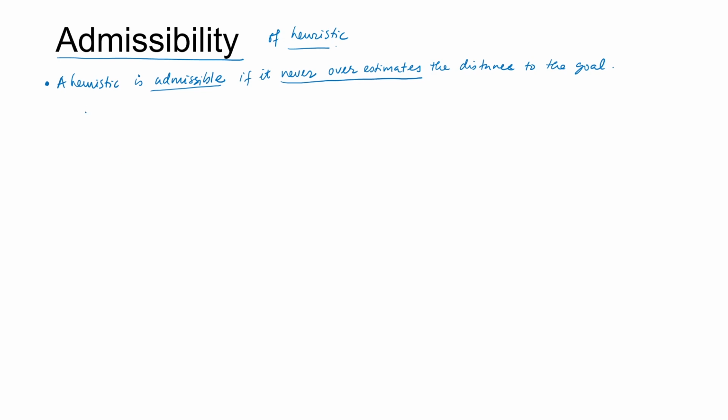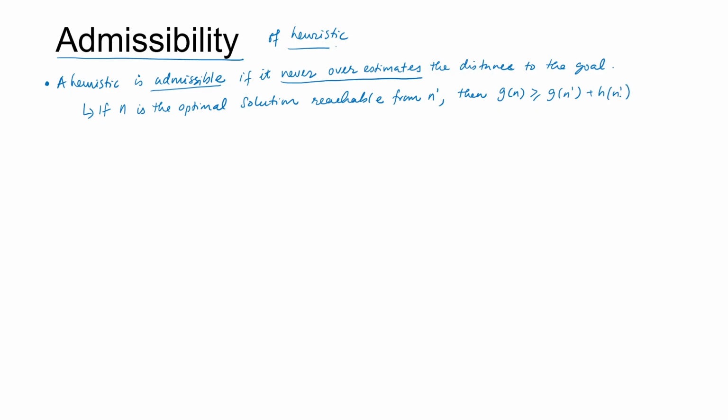That means if n is the optimal solution reachable from n prime, then g of n should be greater than or equal to g of n prime plus h of n prime.